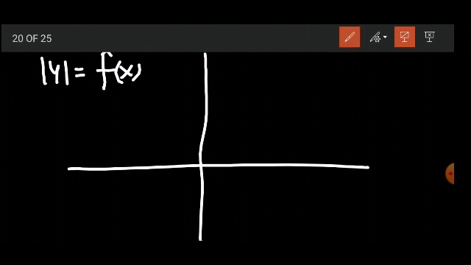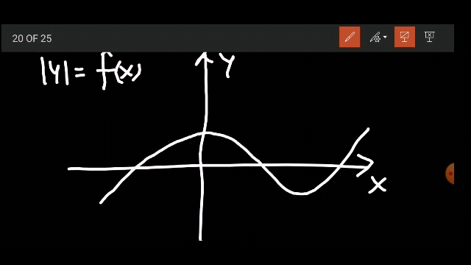First of all, note down this is the x-axis and this is the y-axis. Now, before this, to draw mod y equal to fx, we have to check where this fx is going, like this way, this and this and this. Suppose y equal to fx is over here.